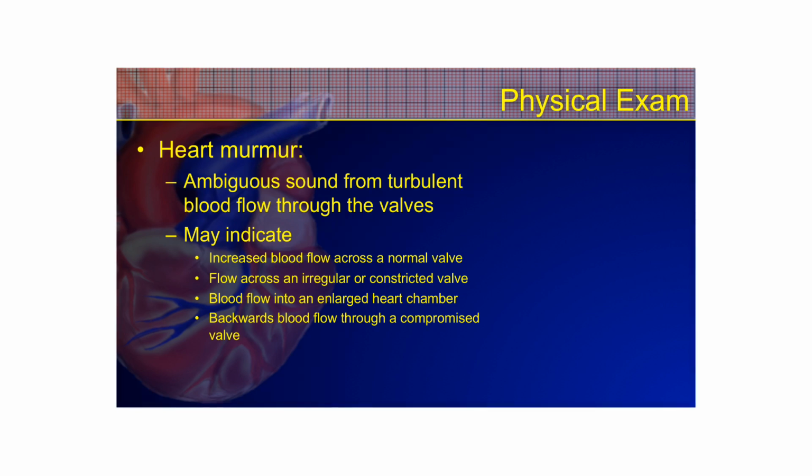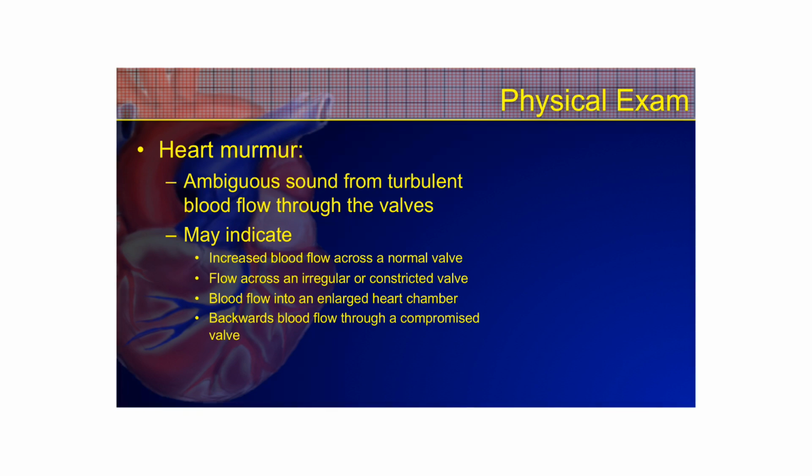And then we have a heart murmur. A heart murmur is a sound that occurs from turbulent blood flow as well, but it's turbulent through the valves. So during your S1, S2 sound, you might hear some turbulent blood flow, and it's increased blood flow across a normal valve.